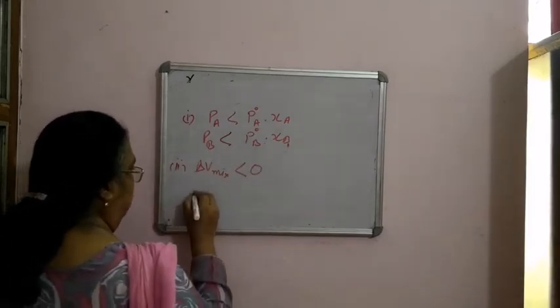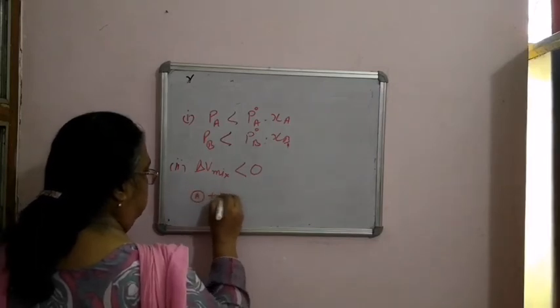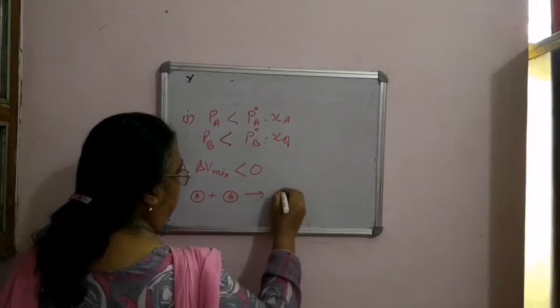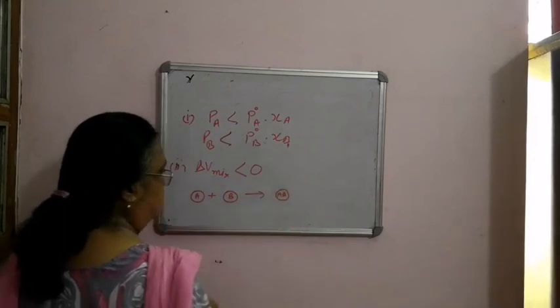Again, the volume of A is so much, the volume of B is so much. When they form AB, the volume of this is so much.